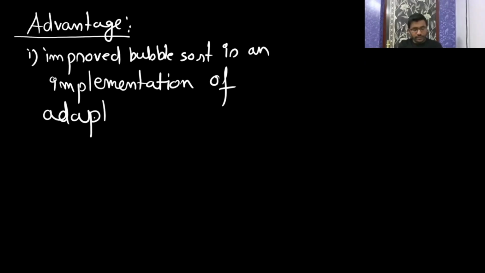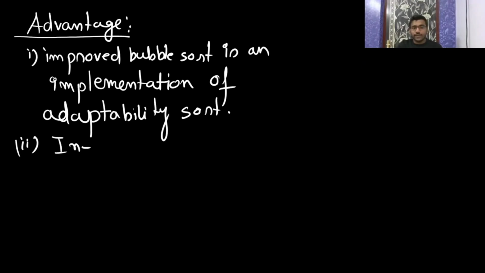So there we have seen many features, and you have to say whether all the features are present here or not. Here swapping also we are doing. So it is an implementation of adaptive sort, and it is also an in place sort. What is in place sort? Because space complexity is going to be constant.